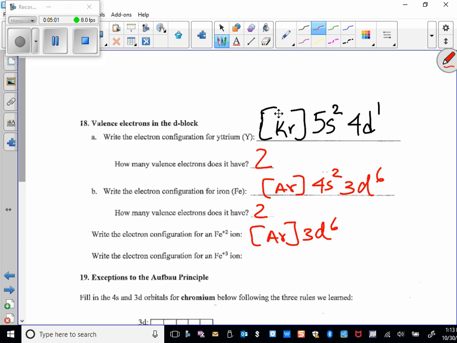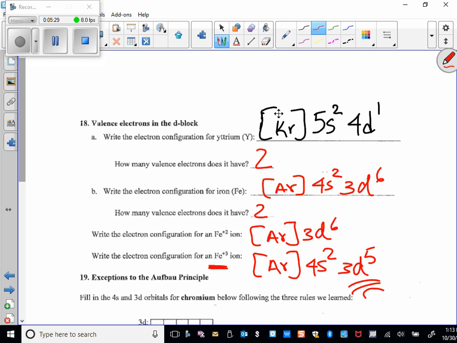Now, we often see compounds in nature that are Fe plus 3. As chemists, we are baffled: I can understand the Fe plus 2, but why is there an abundance of Fe plus 3 compounds? That is because if it is Fe3 plus, the configuration becomes 3d5.